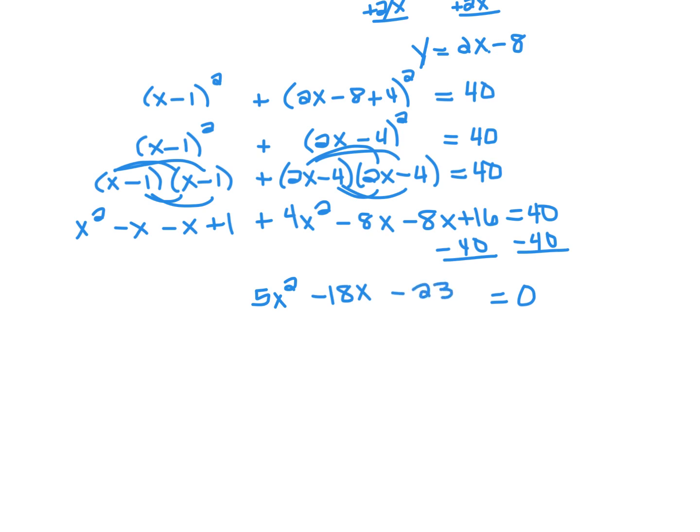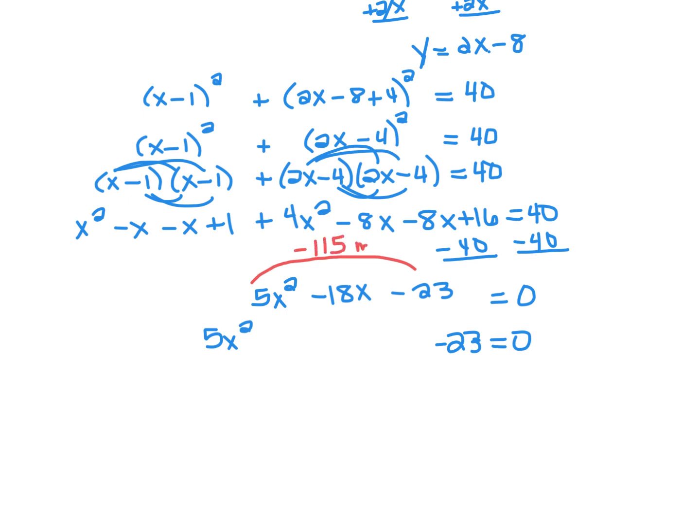Okay, so from this point, it's a quadratic. You could use the quadratic formula, or you can factor. All right, I'm going to do factoring. So because the number in front of the x squared is something other than 1, we need to bring down the first term, bring down our last term, and come up with two numbers that multiply to 5 times negative 23, which would be negative 115.